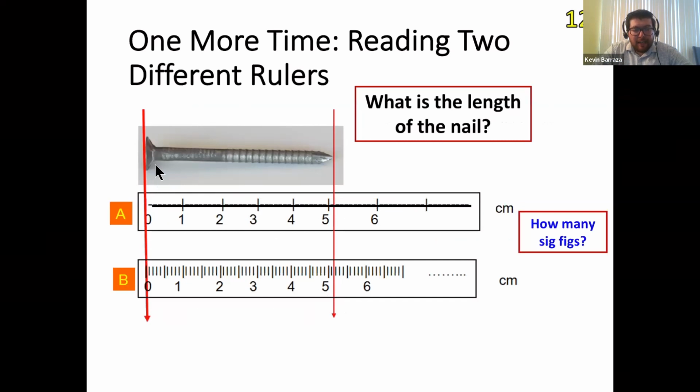If I were to use ruler A to measure the length of this nail versus using ruler B to measure the length of this nail, using the concept that we just learned, let's start with A. If I were to measure the length of this nail, what would I get? The length of this nail in centimeters is going to be what?